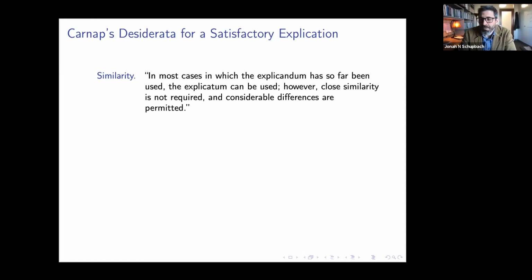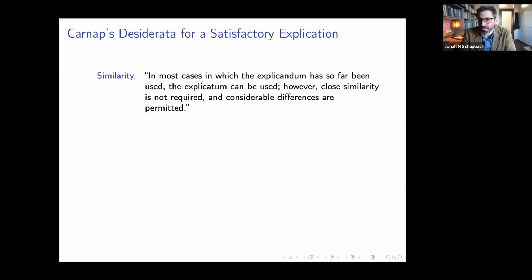Carnap writes, in most cases in which the explicandum has so far been used, the explicatum can be used. However, close similarity is not required, and considerable differences are permitted. So, of course, this is where he's explicitly parting ways from the criteria of success for analysis. We don't require complete identity or perfect overlap, so to speak. We rather require just some degree of similarity, and indeed, close similarity is not even required.